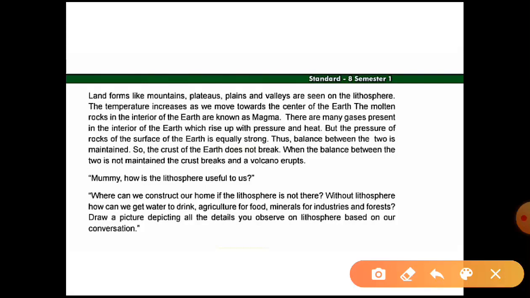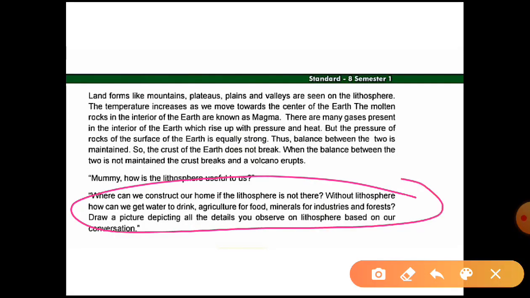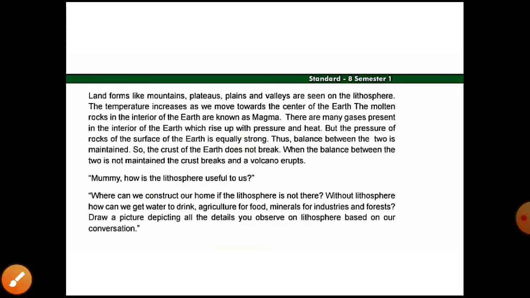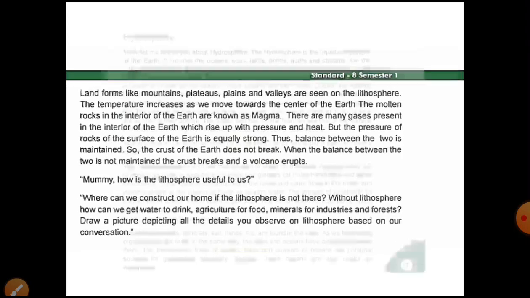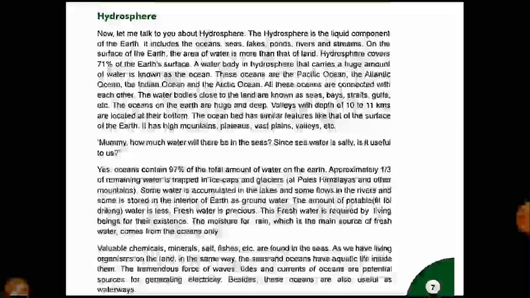You have to draw water to drink, agriculture for food, mineral industry, forest, and also mountains, plateaus, plains, valleys, all on one page, including agricultural fields, minerals and forest areas. That's your work. Now here we completed the lithosphere, which means a layer of rock.